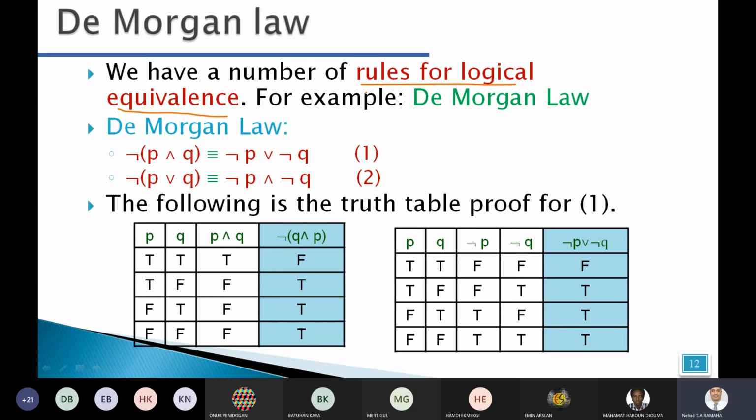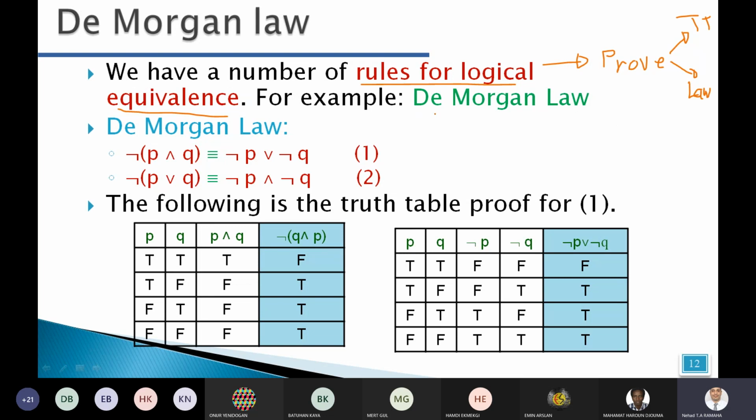We can use these rules to prove the logical equivalence. So we have now two ways to make our proof. First way, truth table. Second way, logical equivalence rules or laws.